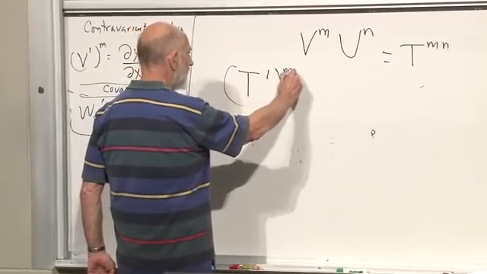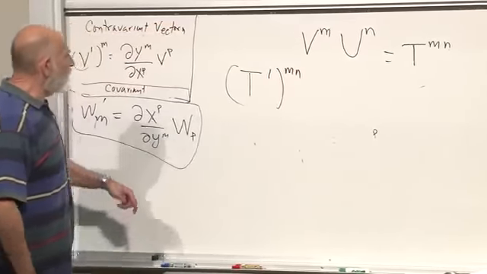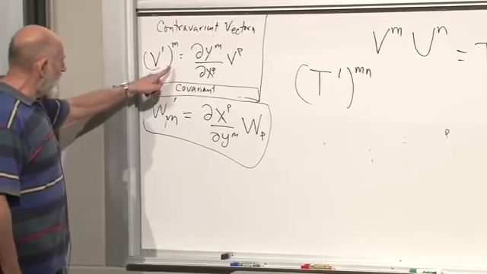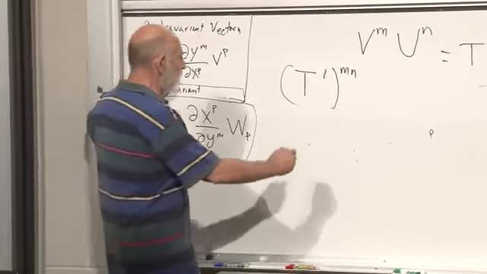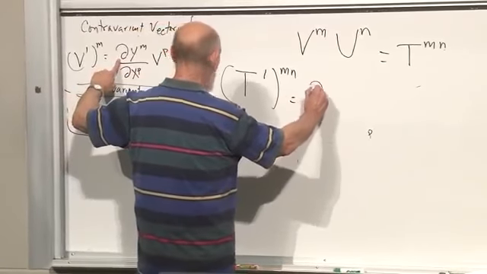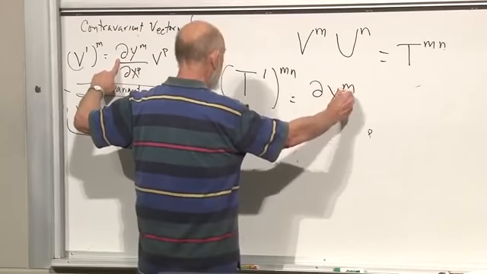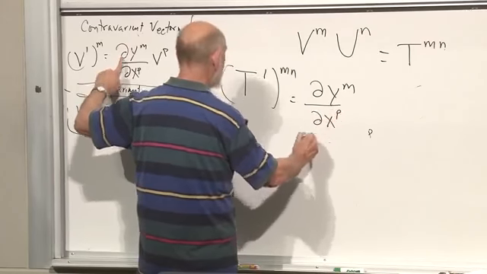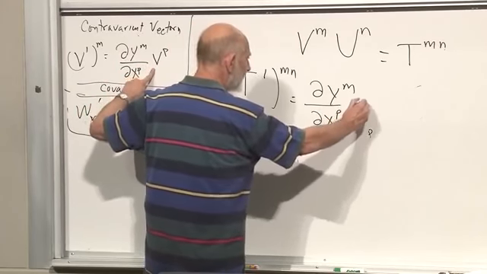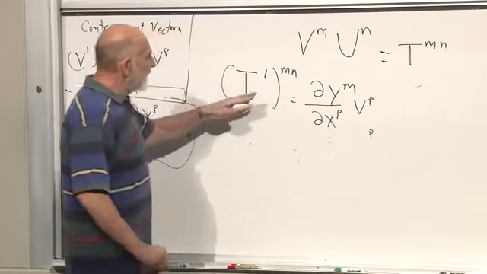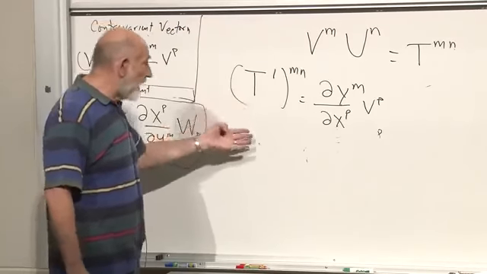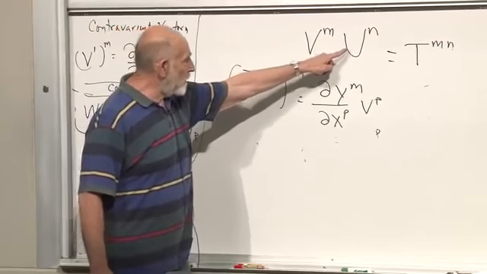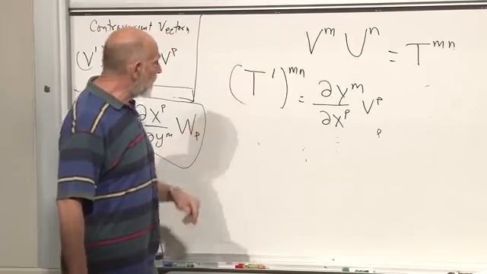So let's see if we can figure out what T prime^{MN} is. Well, first of all, what is V prime? V prime^M is equal to dy^M by dx^P times V^P. Now what about U prime?